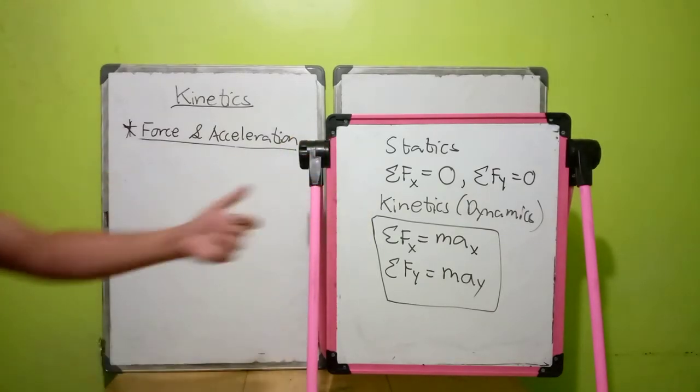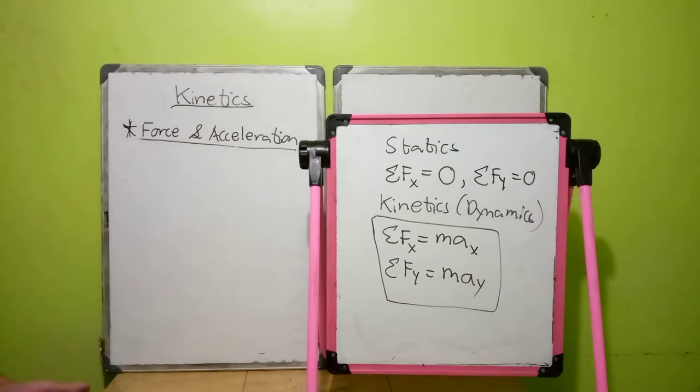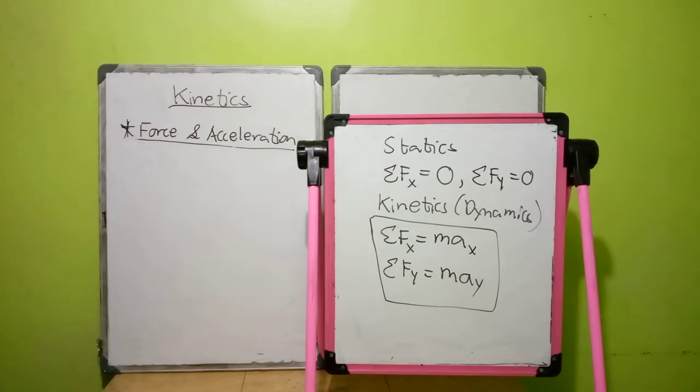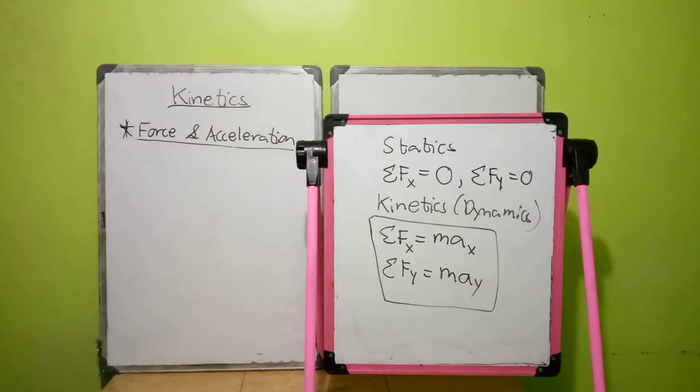moving, okay, so we have the summation of forces equal to 0, while in kinetics, since it is moving, in other words, there will be an acceleration. As stated in the second law of motion, your force is directly proportional to your acceleration.